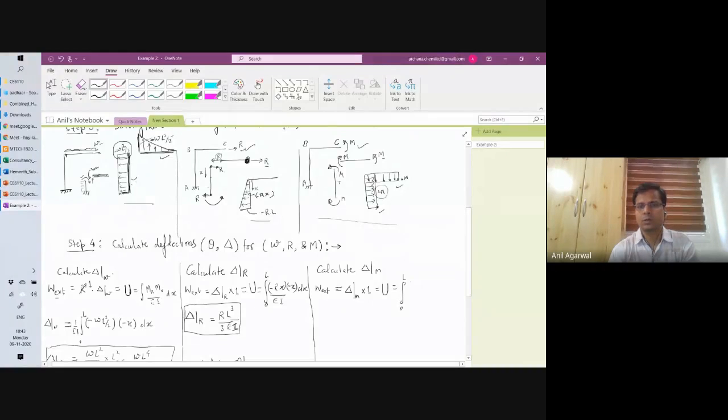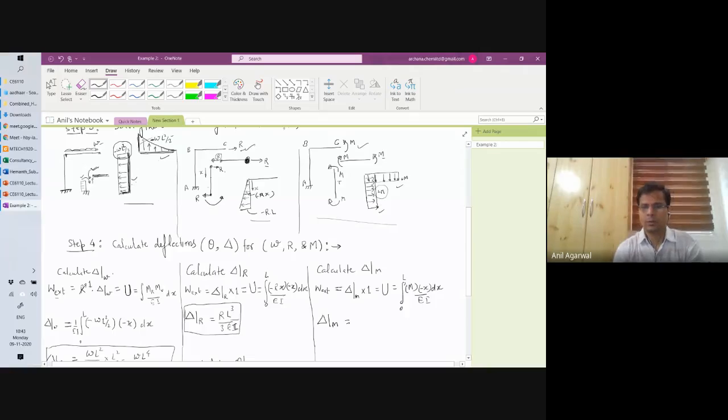Plus M, minus x, dx divided by EI. So from here, delta M turns out to be M times minus x squared by 2, from 0 to L, which gives minus M L squared by 2 EI.